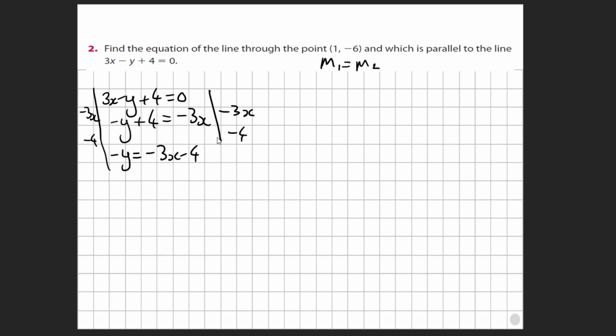We've got minus y equals minus 3x minus 4. We've got all negatives, and we don't want negatives, so we're going to multiply both sides of the equation by minus 1 so that we can make them all positive. From that we get y equals 3x plus 4. There we go, we have our y equals something.